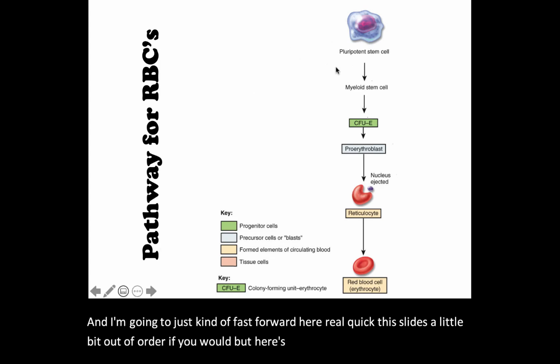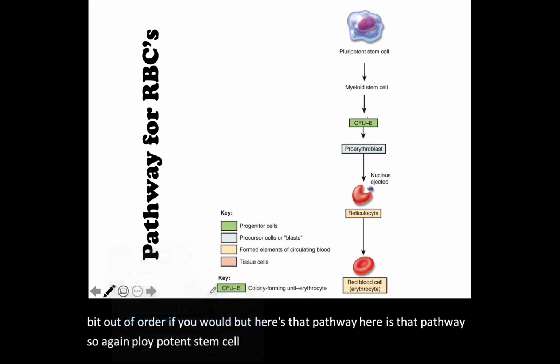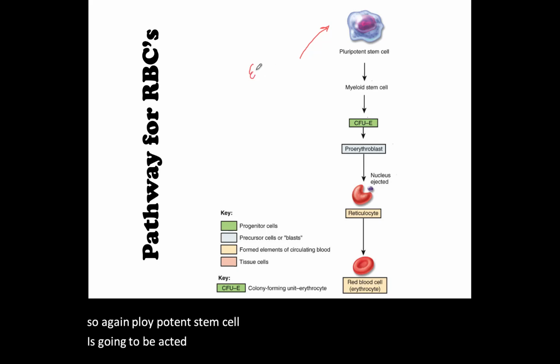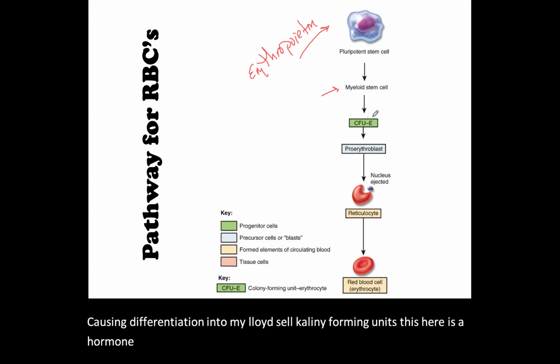So again, pluripotent stem cell is going to be acted upon by erythropoietin, causing differentiation into a myeloid cell. Colony forming units. This here is a hormone. This here is what we call a cytokine.